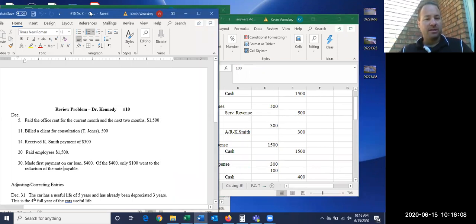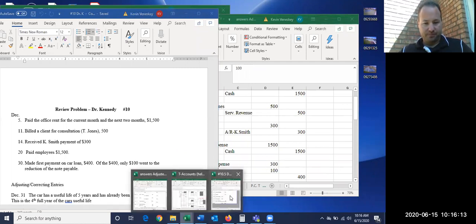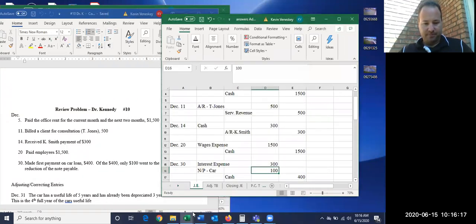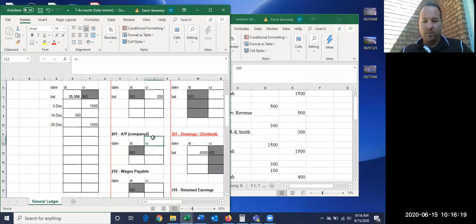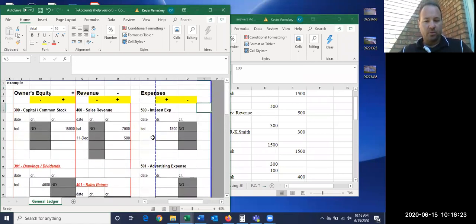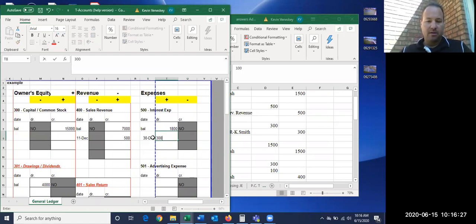Let's put these into our T account. Okay, we've got our interest expense. We already have an interest expense going. We're just adding to it now on 12/30. Added another $300.